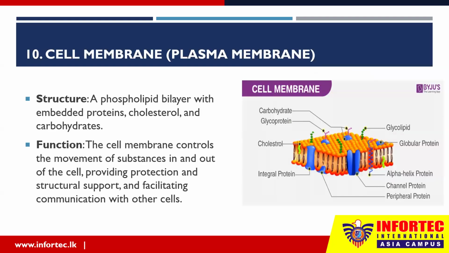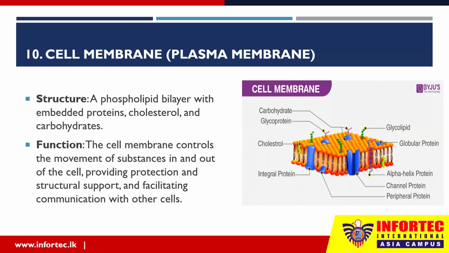Last but not least, one of the major important organelles is the cell membrane, because the cell membrane is on the outside of the cell as well as inside the cell. If you remember, we discussed that the nucleus has a double layer, the mitochondria also have a double membrane, the peroxisome has one membrane, the lysosome has one membrane, and the endoplasmic reticulum is the same, because the cell membrane is everywhere.